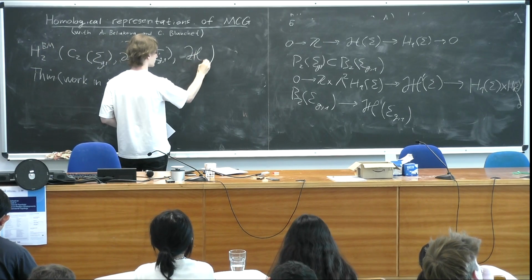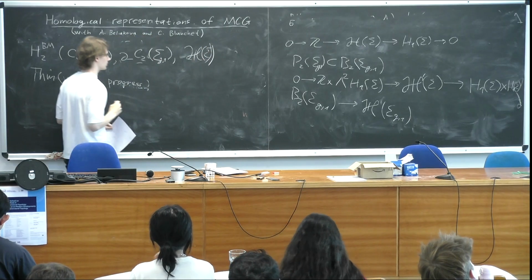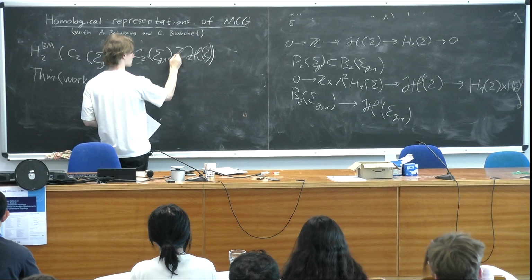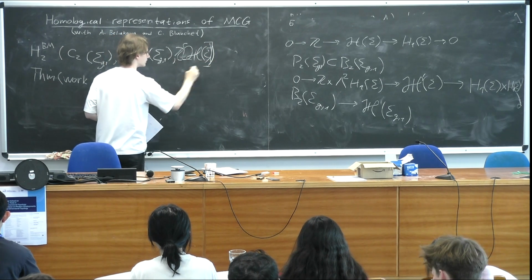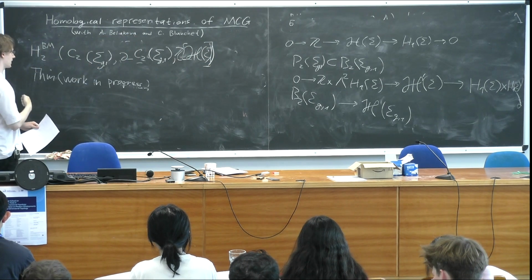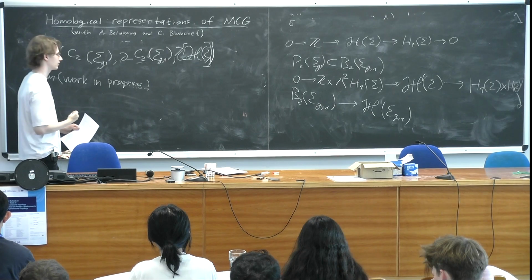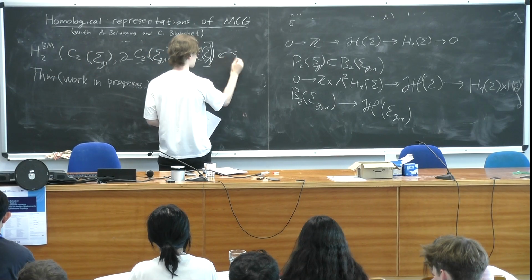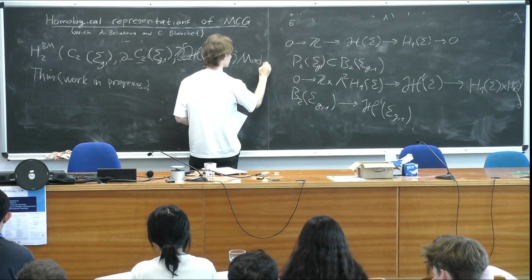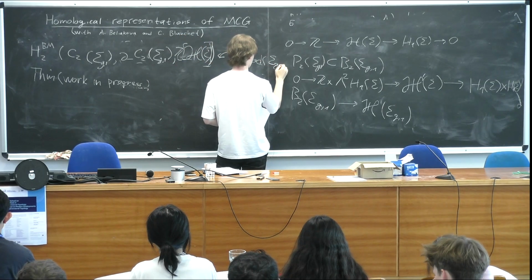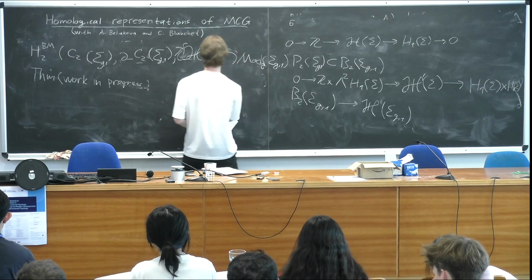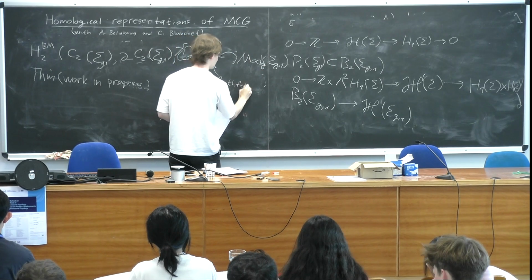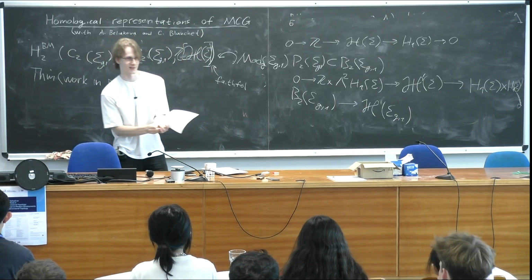That if I put this new local system here, it's better to write the group ring. Then this is a faithful representation of the mapping class group. Okay, that's all. Sorry for being over time.